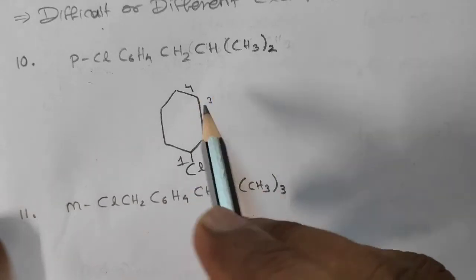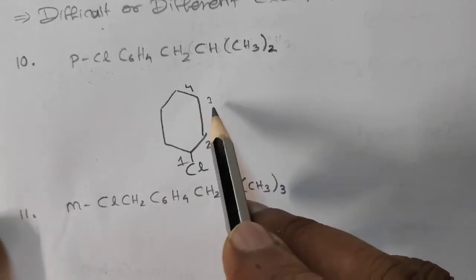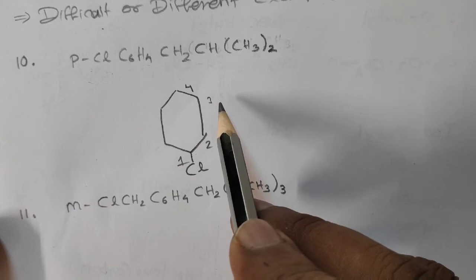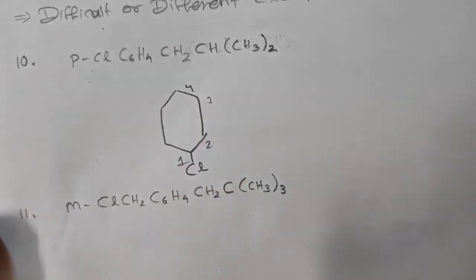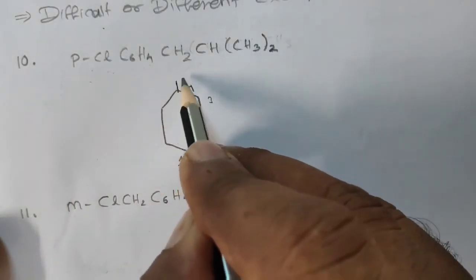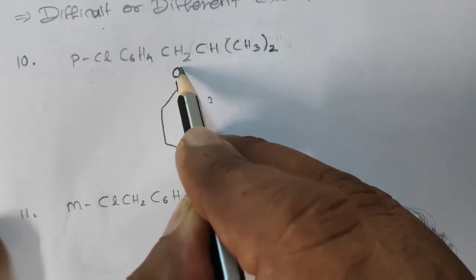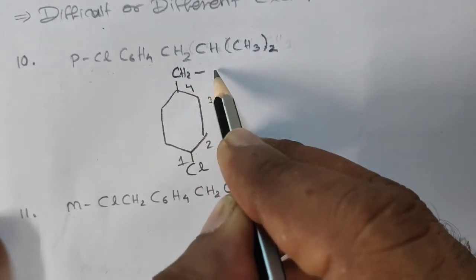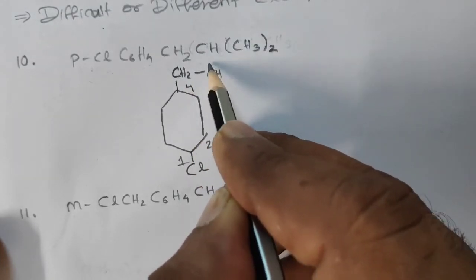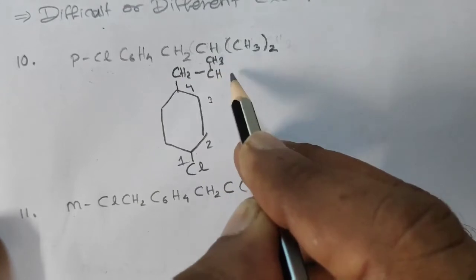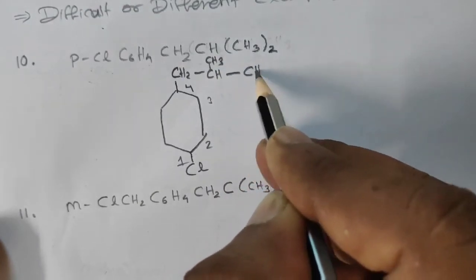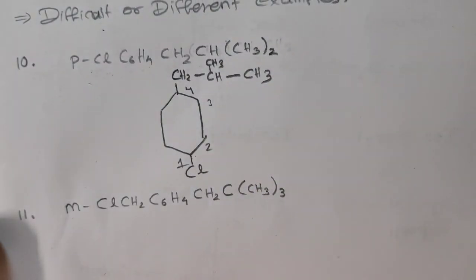Right, it is para chloro. Then at the fourth position you can see here CH2, CH, and here we have to write CH3, and here CH3, right?